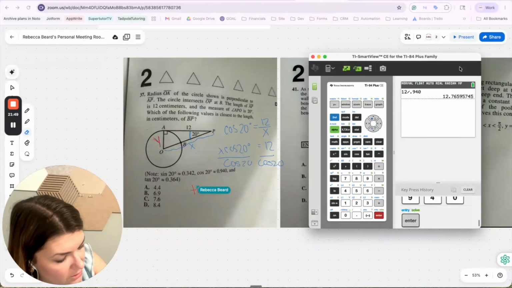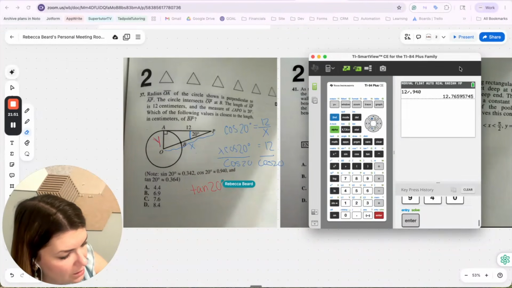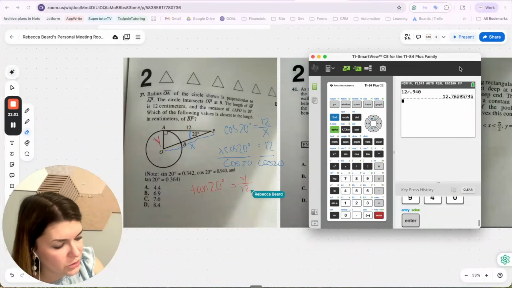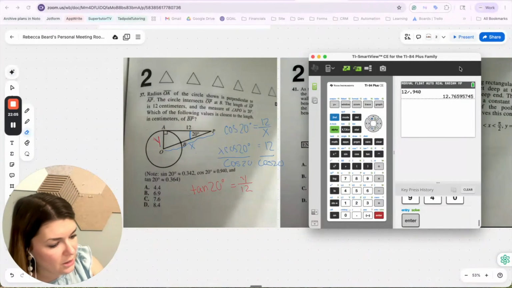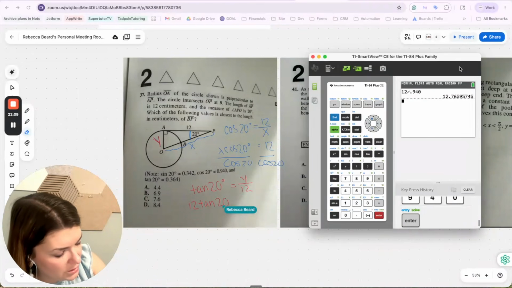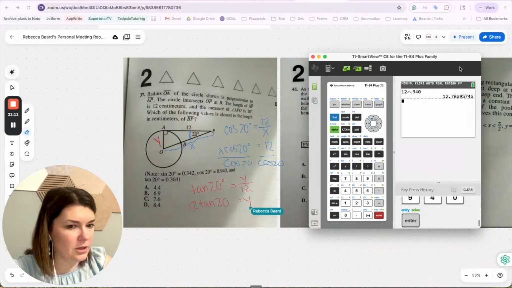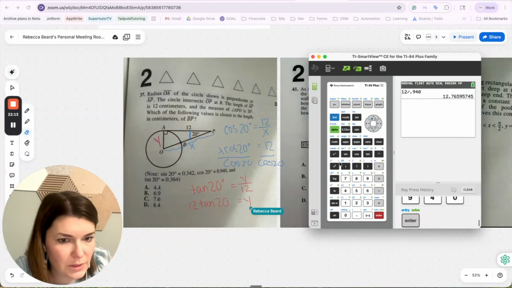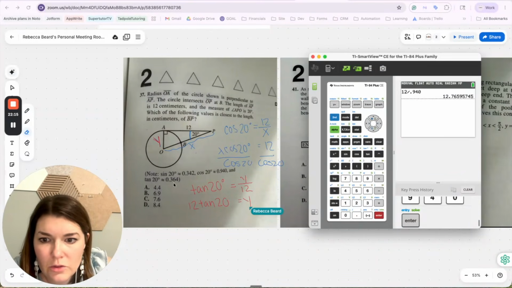Tangent 20 degrees equals the opposite Y over adjacent. If you solve down for this one, it would be 12 tangent 20 equals Y.